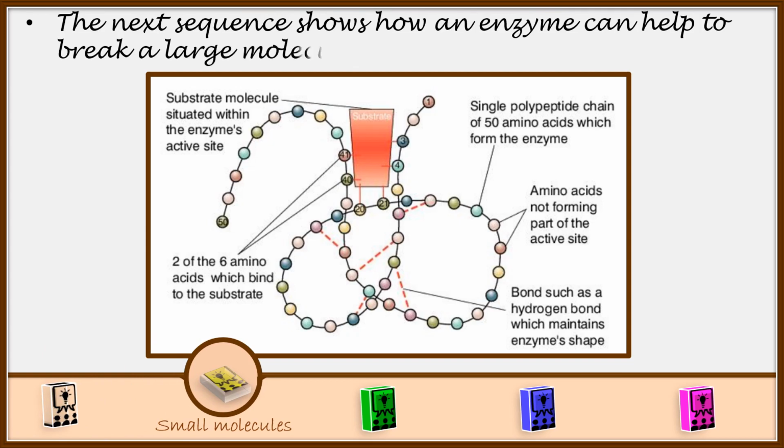In the next sequence, the slide shows how an enzyme can help to break a large molecule into a smaller molecule. Now let us look at how enzymes are going to break large molecules into simple or smaller molecules.